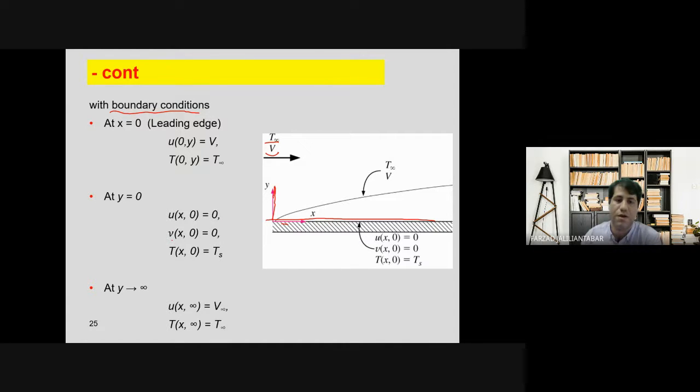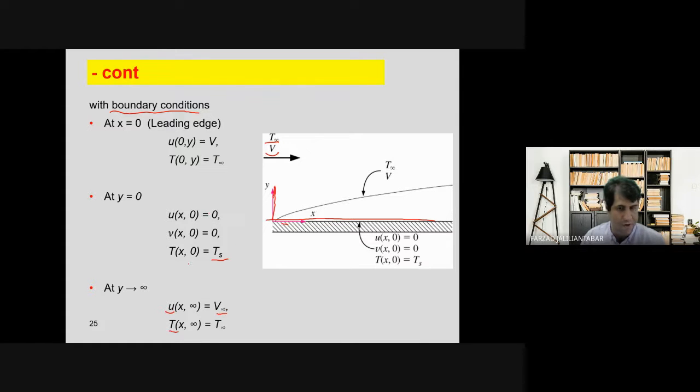The kinematic viscosity also is 0, and the temperature of the fluid on this surface will be the same as the temperature of the surface. At y approaching infinity, far enough from the surface, the relative velocity will be almost the uniform velocity which we had, and the temperature will be equal to T infinity, the uniform temperature which we have for the fluid.